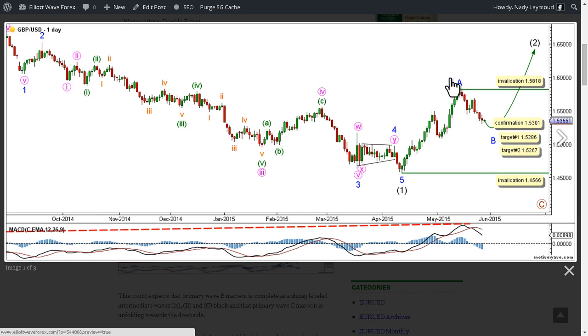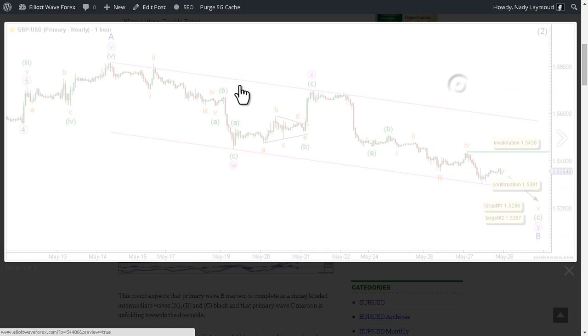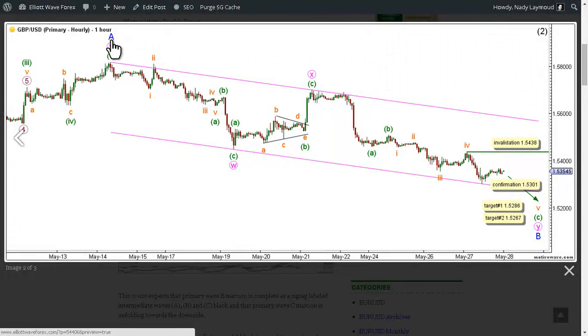Moving on to the hourly chart, from the end of wave A blue, which is represented here on the hourly chart, wave A blue unfolded toward the upside as a leading diagonal, labeled waves 1 through 5 pink, with wave 5 pink unfolding toward the upside as an impulse, labeled waves 1 through 5 green.